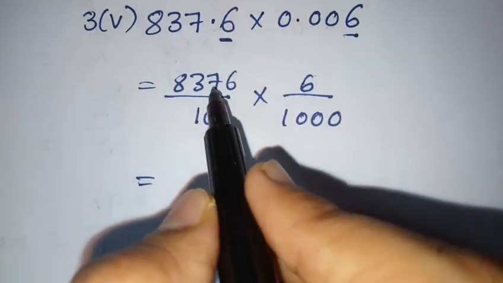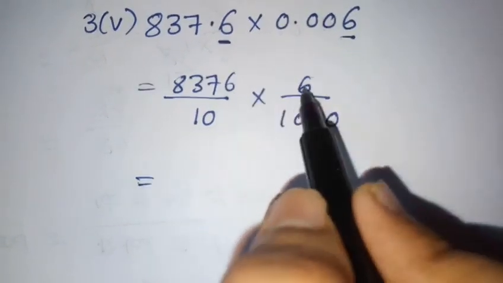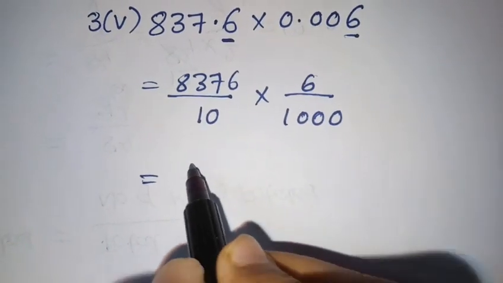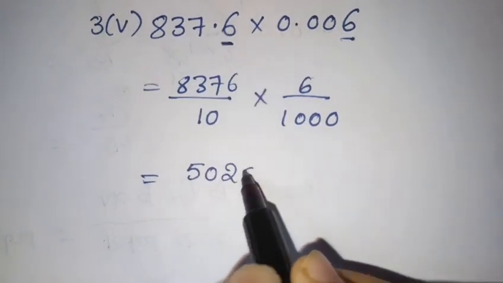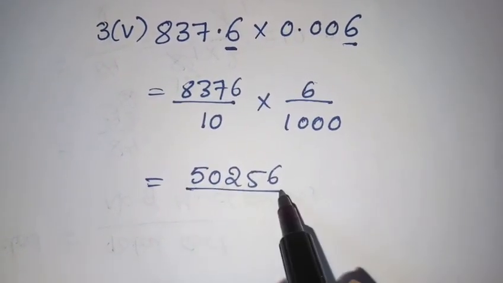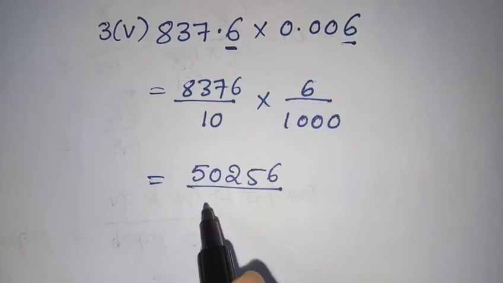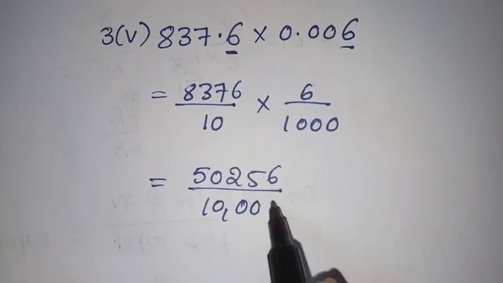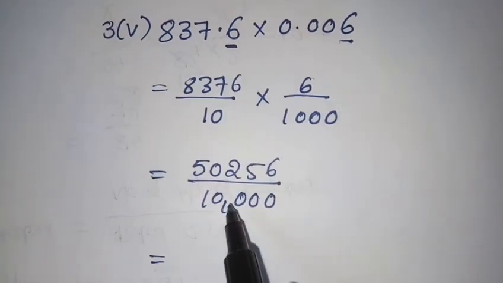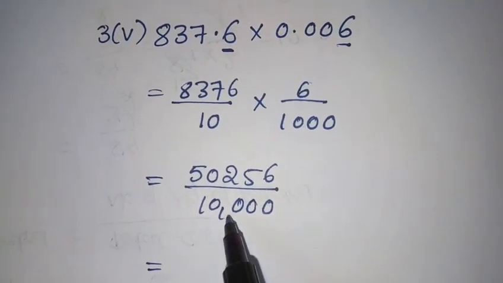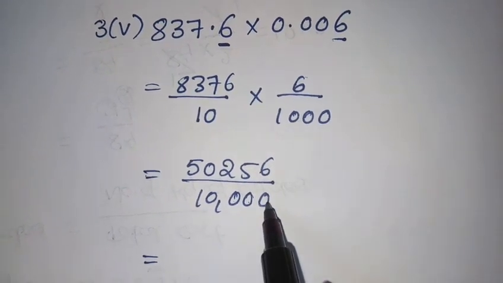Multiply numerator into numerator, 8376 into 6, you will get 50256, divided by, multiply denominator into denominator, 10 into 1000 becomes 10,000. So observe the denominator 10,000: the number of zeros are 1, 2, 3, 4, 4 zeros.